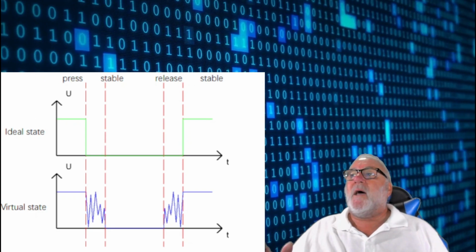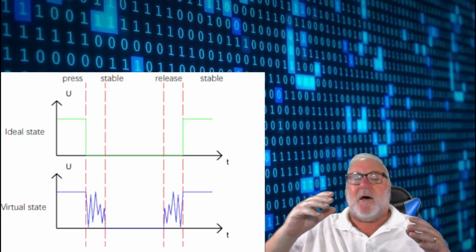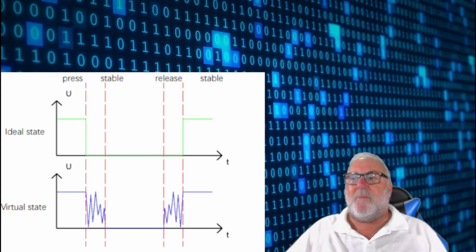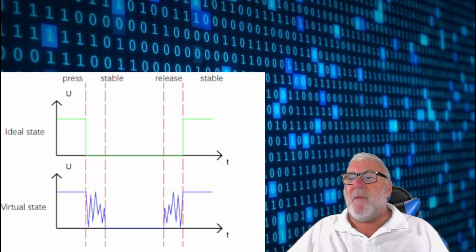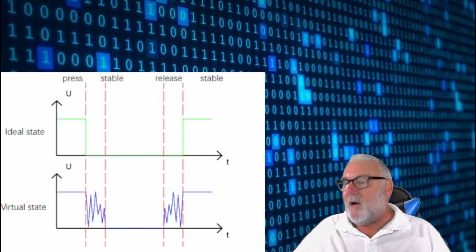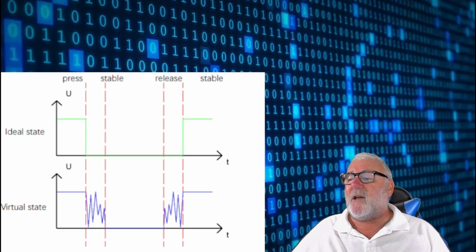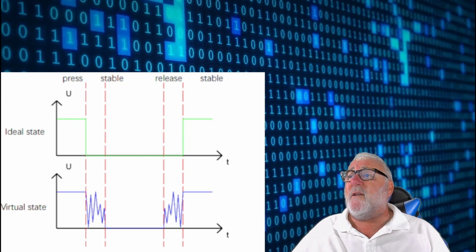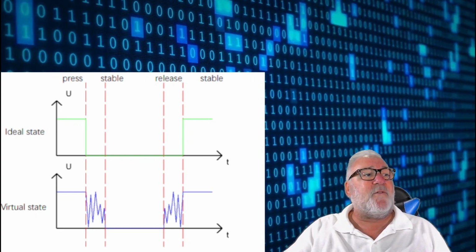It's due to mechanical vibrations, and it's for a short period of time. So we need to remember that when we're doing our code. There are only a few small changes we've got to make.